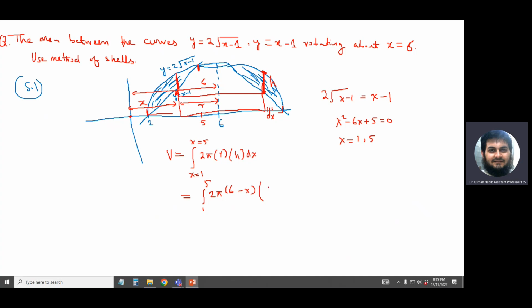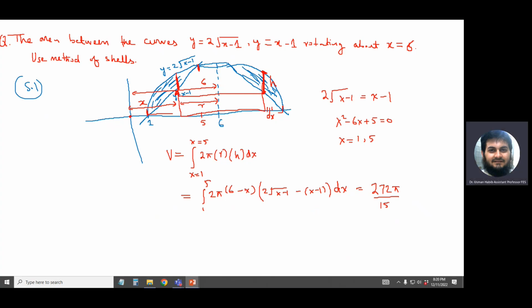So the upper curve is 2 root x minus 1, and the lower curve is just x minus 1, and dx. Again, this results in a very simple integral. I leave it to you guys to solve it and let me know if you get the same answer, 272 pi divided by 15.